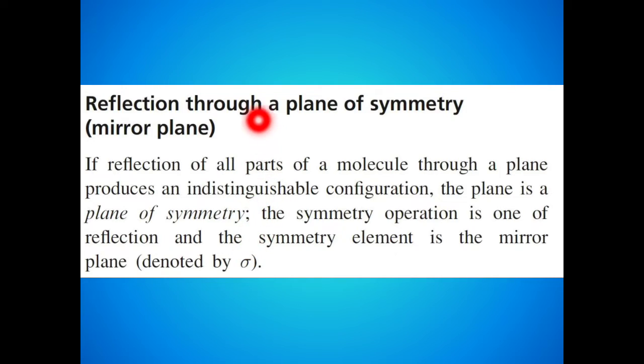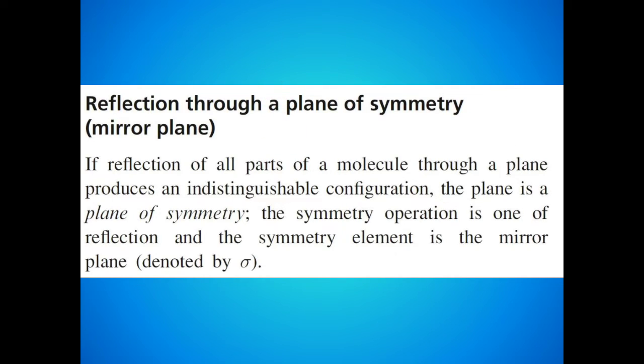So what do we mean by a plane of symmetry? This is a very important element of symmetry, especially in stereochemistry, where there will be many molecules with a plane of symmetry passing through them, making the molecule achiral or optically inactive.